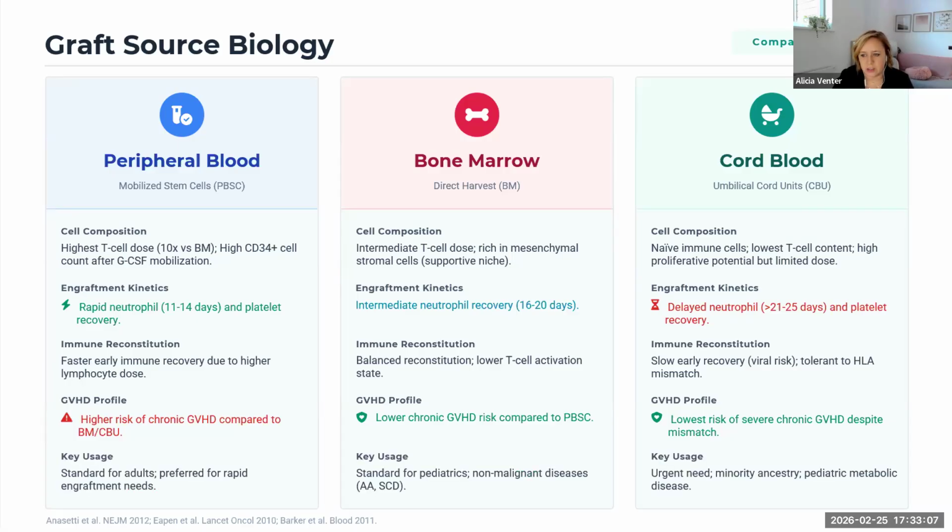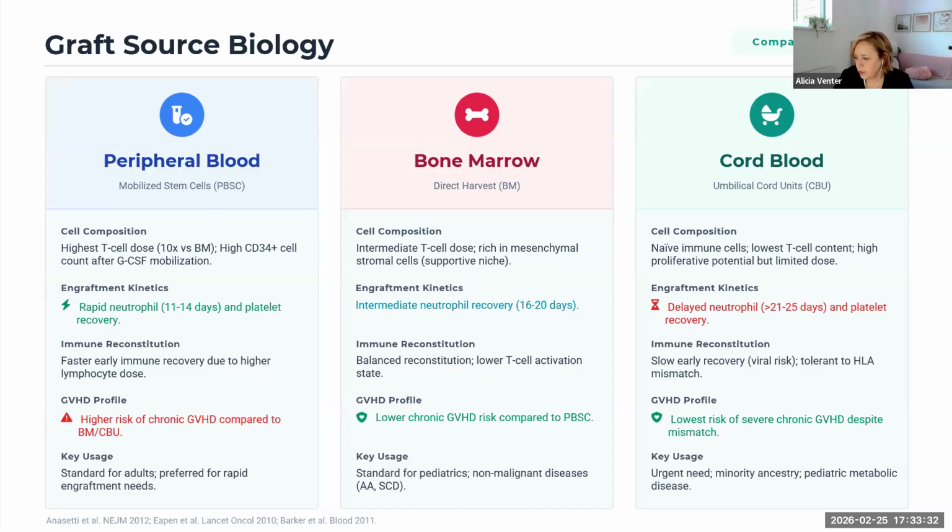And to decide when to use which of these, the key usage for a PBC is definitely adults and for rapid engraftment needs. Bone marrow you would normally use for pediatrics or non-malignant diseases, and cord blood definitely when there's an urgent need, but I think that will soon be replaced by ADCUs.